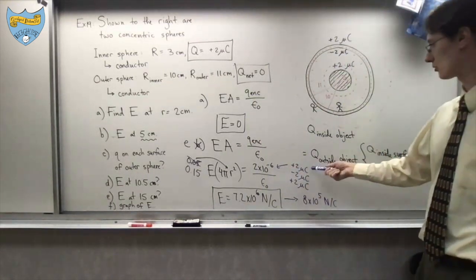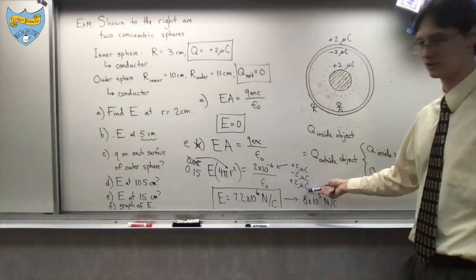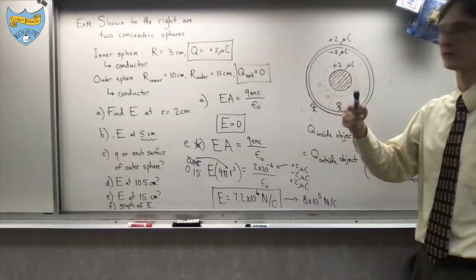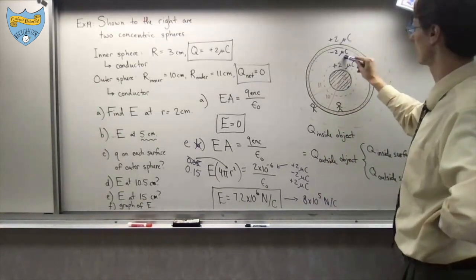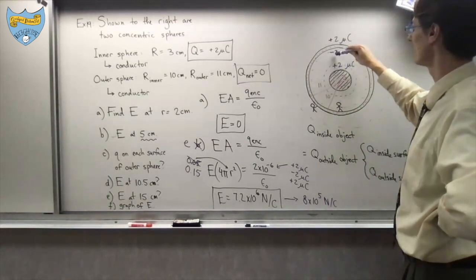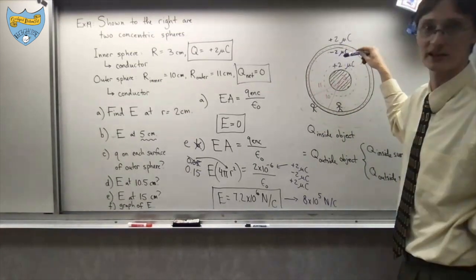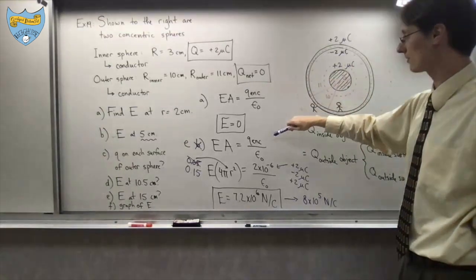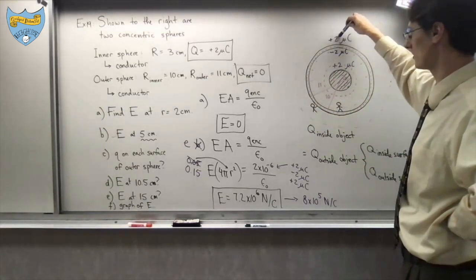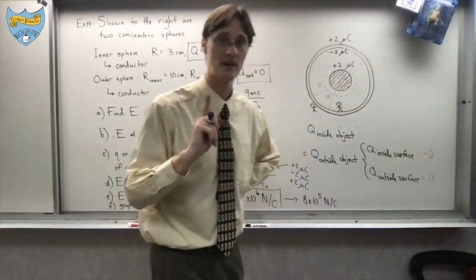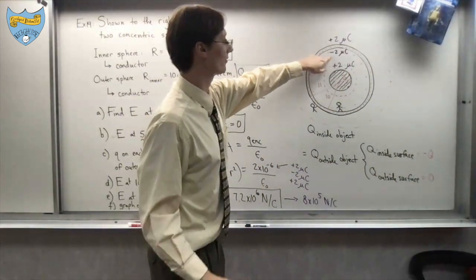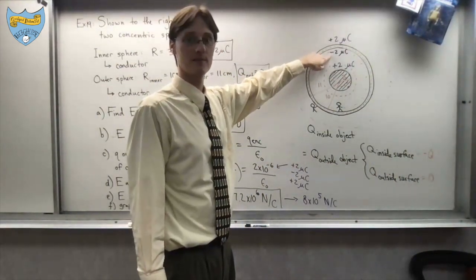but only because if I do 2 minus 2 plus 2, that's still 2 microcoulombs. You can see, here was this charge, and here was this charge, and here was this charge. These two always are going to cancel out. So the Q enclosed really just ends up being whatever's on the outside surface, which, remember, doesn't necessarily have to match this.